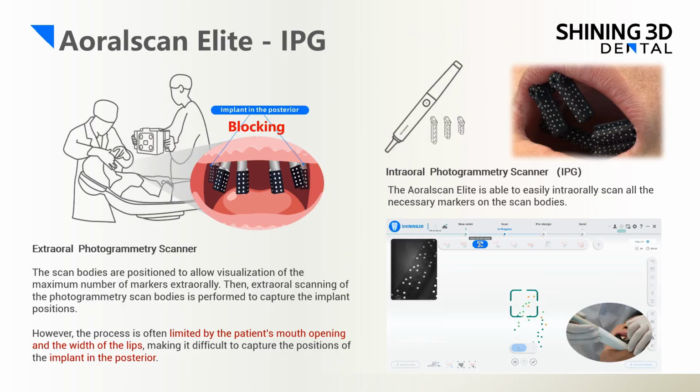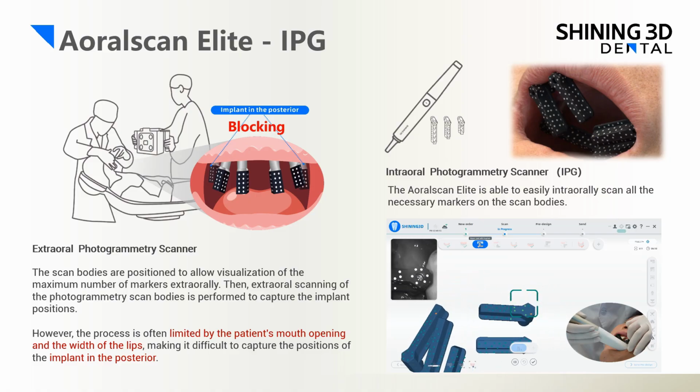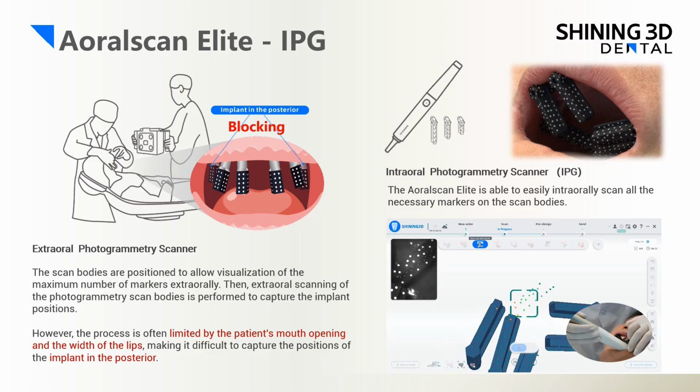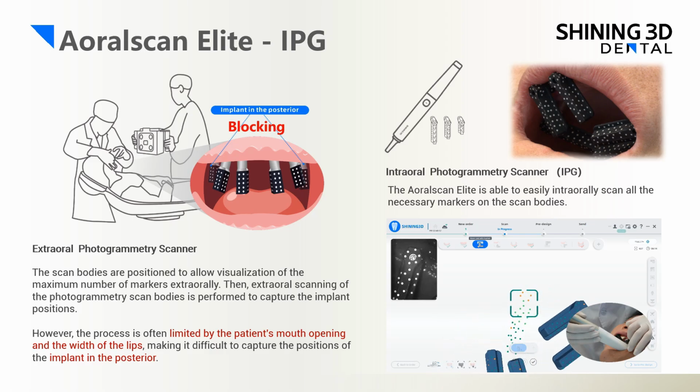This slide shows the different ways to capture the markers on the high-accuracy coded scan bodies between the Aoralscan Elite workflow and the extraoral photogrammetry system workflow. If you're using the extraoral photogrammetry scanner, the scan bodies are positioned to allow the visualization of a maximum number of markers extraorally.